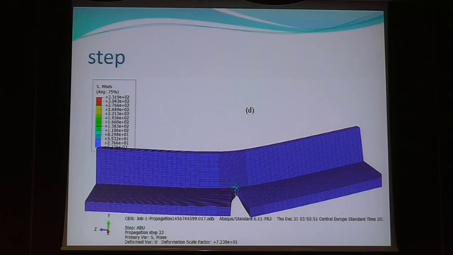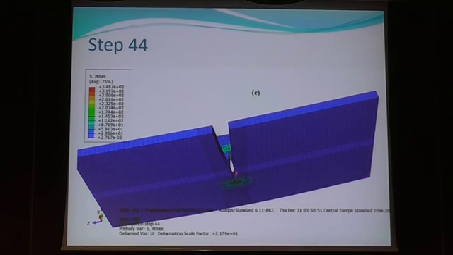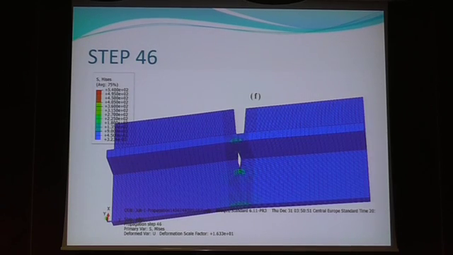And then somewhere around step 33, one may notice, if not here, then certainly here, that the crack started propagating through the stiffener and then also continued to propagate along the base material, along the horizontal plane.